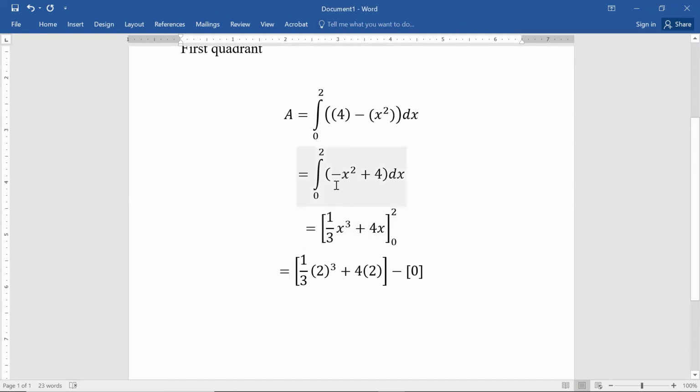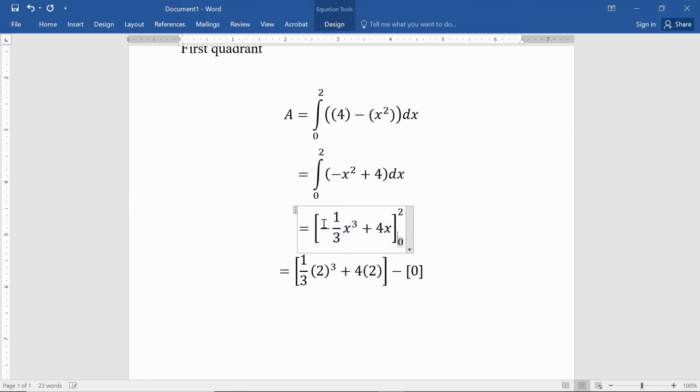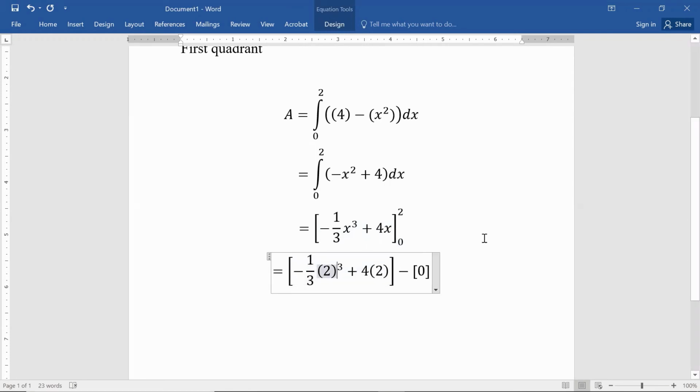Oh, you know what I forgot? I forgot the negative sign out in front of the 1/3. My apologies. All right, so 8 is what you get when you take 2 to the third, also what you get when you take 4 times 2.